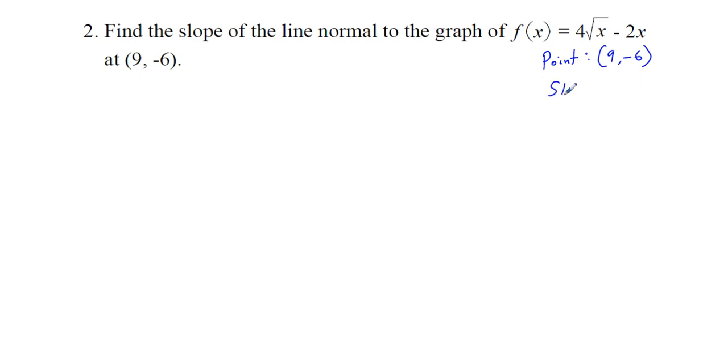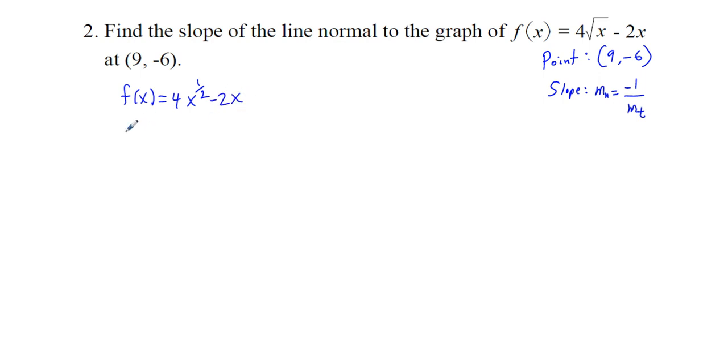So our slope, we'll put m sub n equals negative 1 over m sub t. I like doing this because this reminds us, easy to forget, and just put m sub t there. But now we're going to say f of x is equal to 4, and the square root of x is x to the 1/2 power, and we have minus 2x.